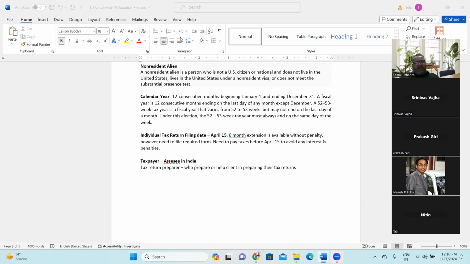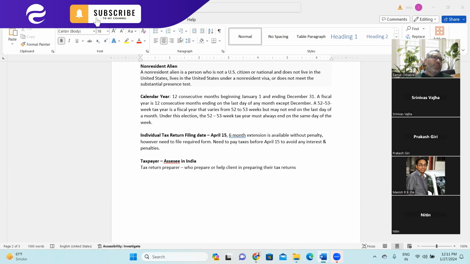So it says 60%. On an average, as per IRS, almost 19.8% of the US people file a tax return. So almost 20%, right?